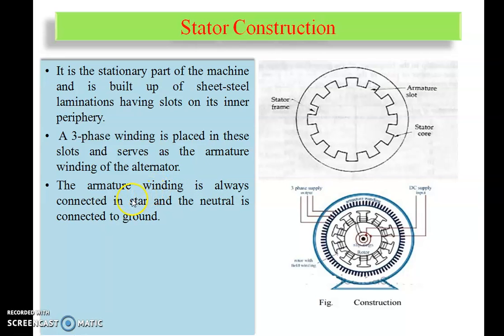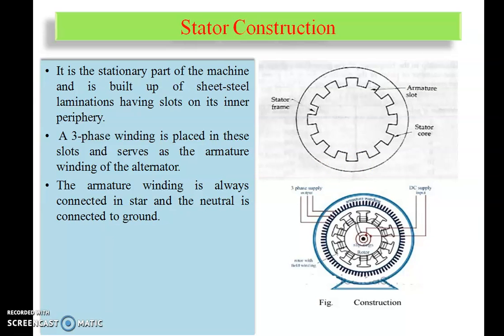Because we require a three-phase supply, it is necessary to provide 11 kV generation. So for that, we should always connect the stator winding, or armature winding, in star, and the neutral point is always connected to the ground because it has different advantages compared to the delta connection.